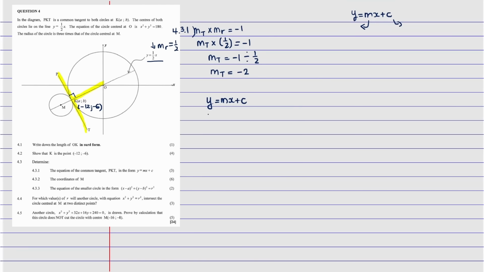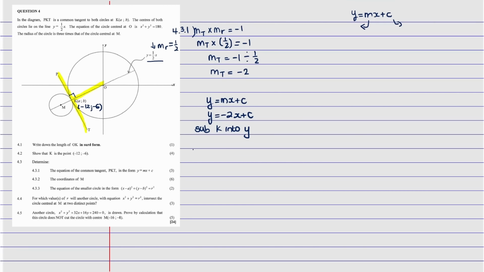Let's substitute the gradient of the tangent: y is equal to negative 2x plus c. We want to solve for c, so we're going to substitute K into y to solve for c.